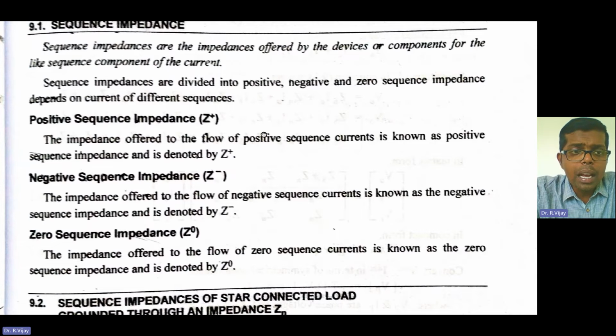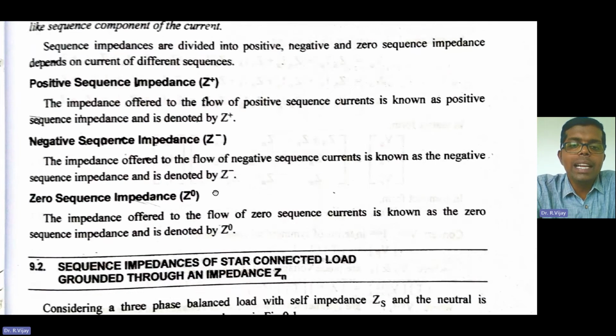What is the positive sequence impedance? The impedance offered to the flow of positive sequence current is known as positive sequence impedance, and it is denoted by Z plus. Next, the negative sequence impedance, Z negative, is the impedance offered to the flow of negative sequence current, denoted by Z negative.